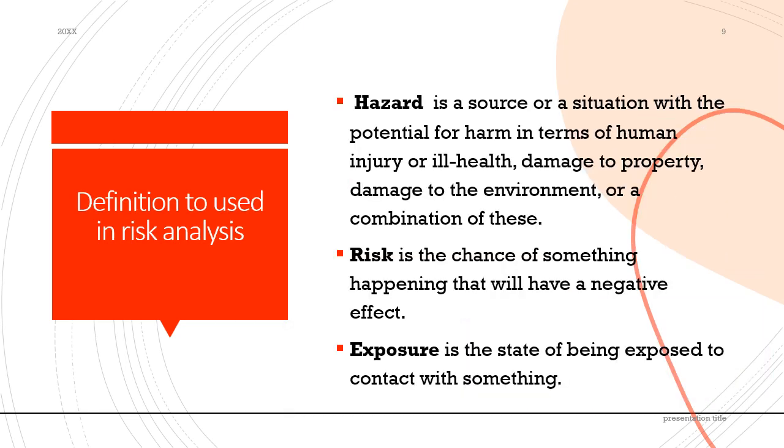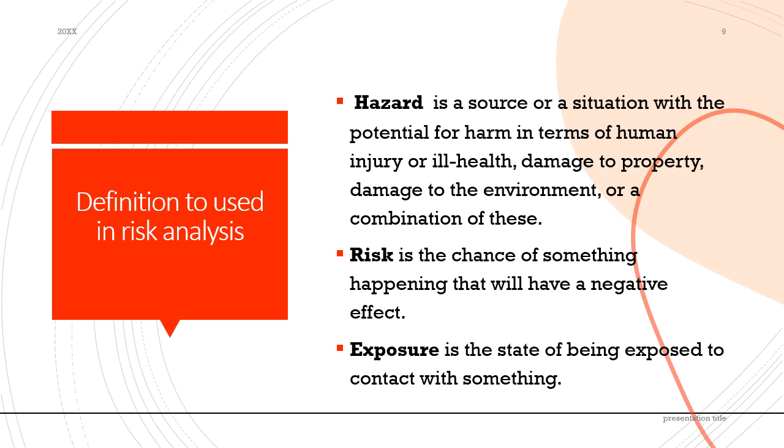Before we talk about the process, I have some terms to explain first. The first is hazard. A hazard is a source or situation with the potential for harm in terms of human injury or ill health, damage to property, damage to the environment, or a combination of these.